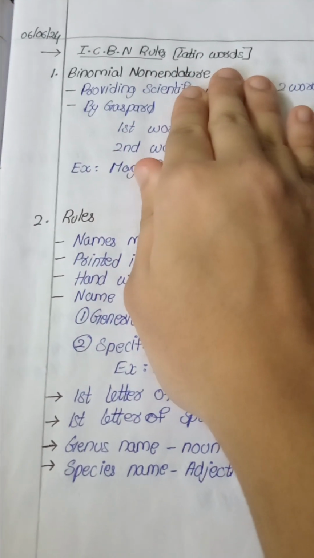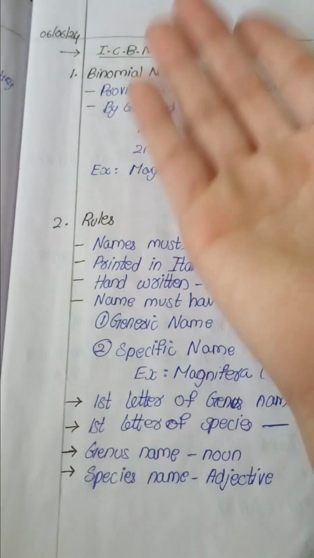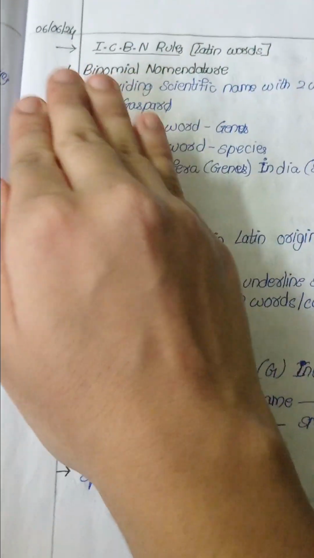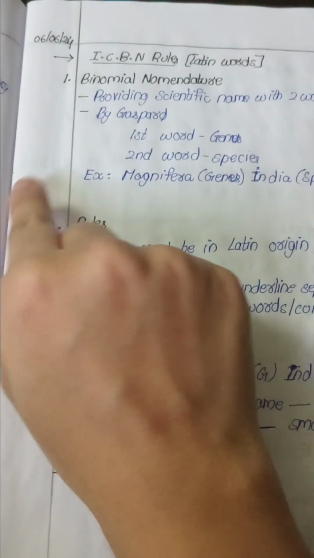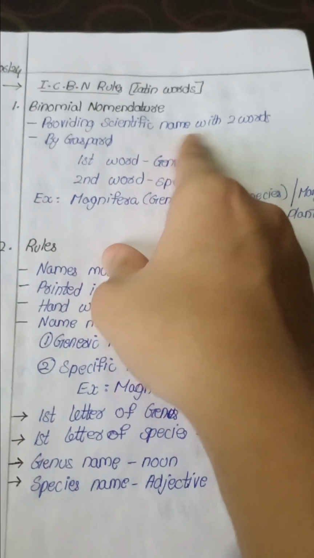Let's check the ICBN rules, Latin words. ICBN full form is Indian Code of Botanical Nomenclature, if you want to copy it down. The rules say binomial nomenclature. What is binomial nomenclature? Like I said, providing a scientific name with two words.